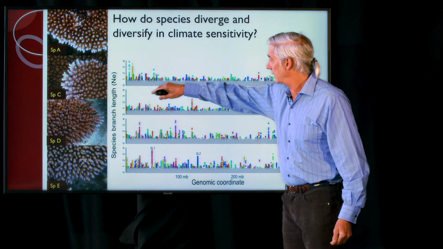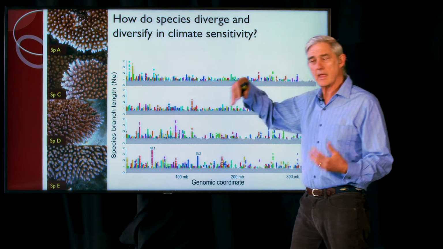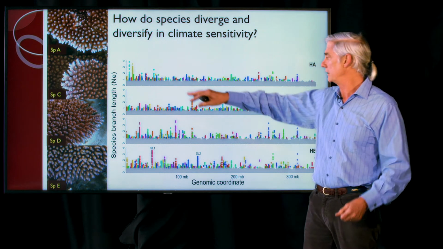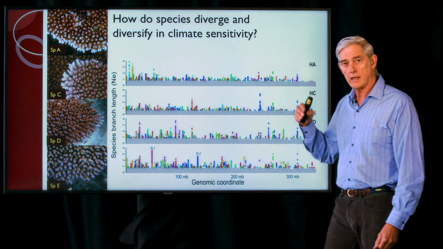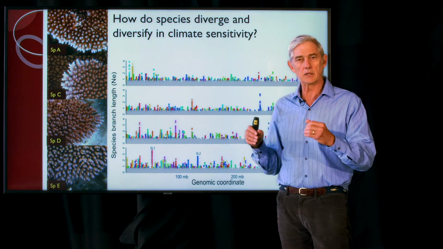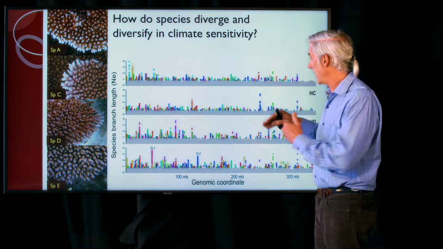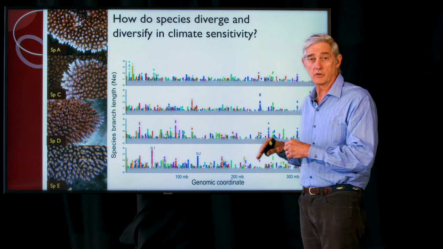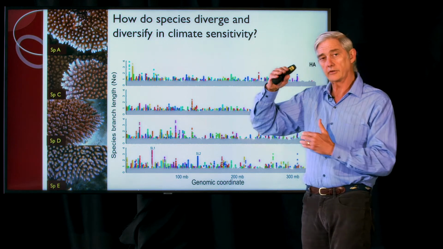The colors here are that the average we see across all genes is in gray, and genes that stand out a little bit, genes that look to be a little bit more divergent at any particular part of the genome, are colored and stacked up.